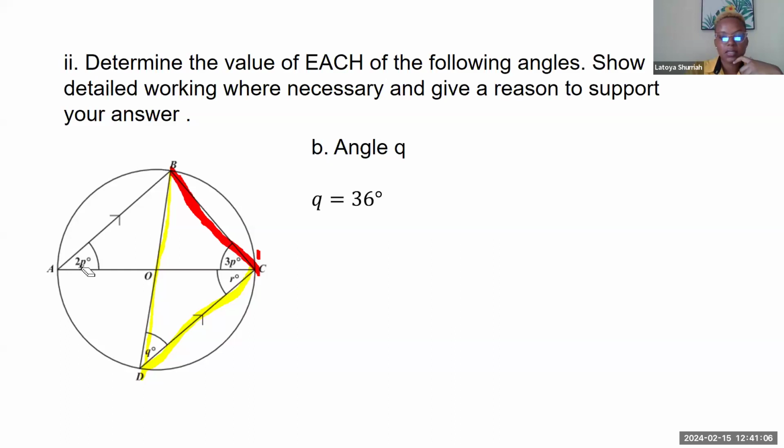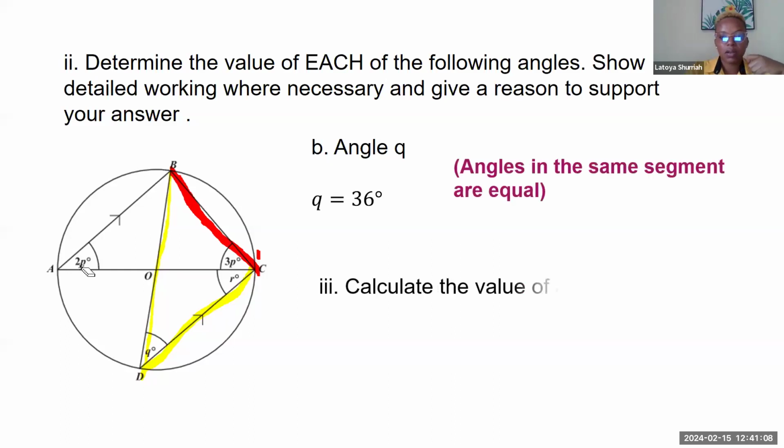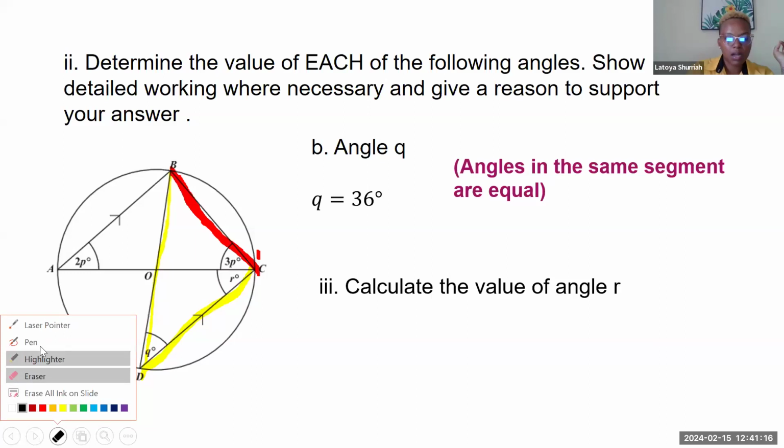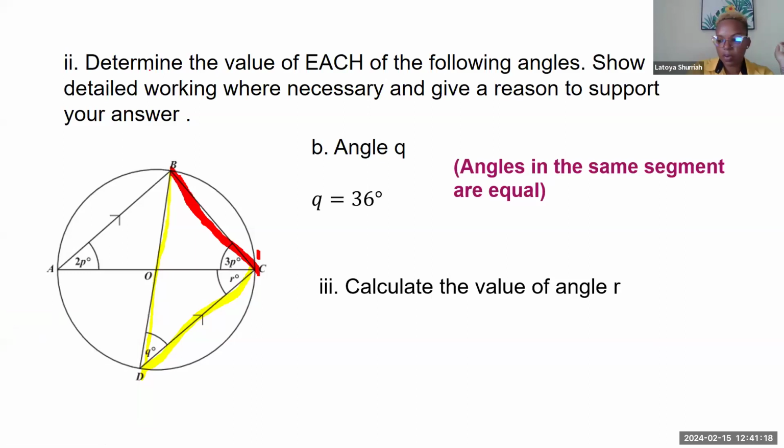All right. Hope I didn't lose anyone there. What about angle R? Angle R is what we're doing next. Okay, no problem. I can do that for you. I keep losing my cursor. So right here is 36.